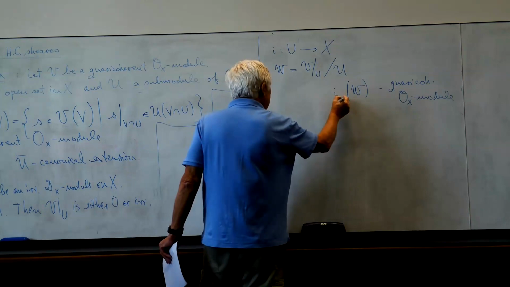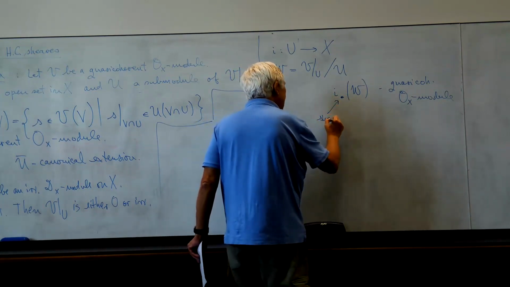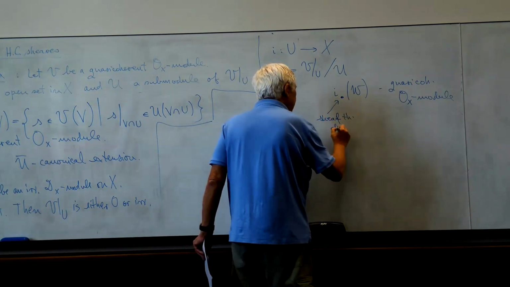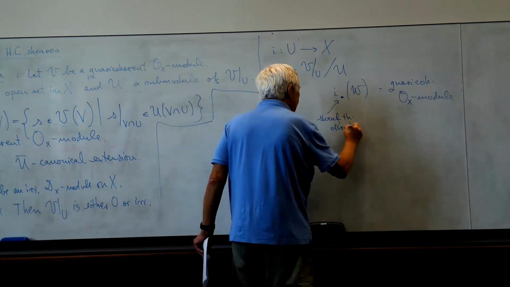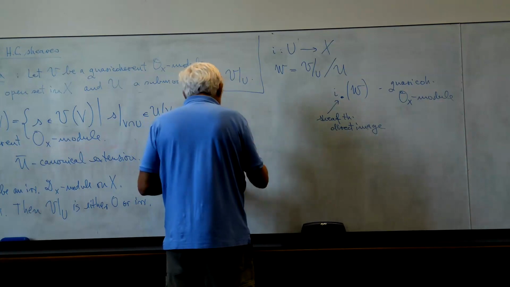What we use here is sheaf theoretic directly: this is the adjoint functor of the restriction.